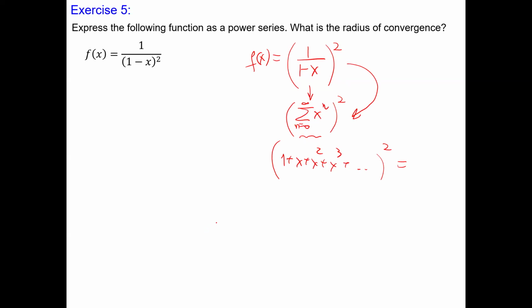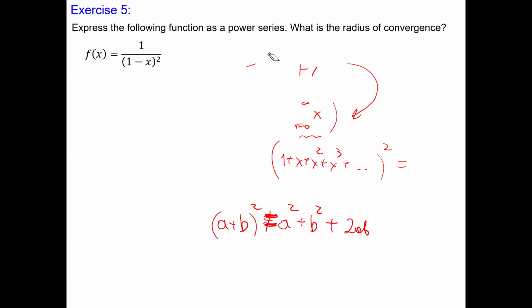Because we know, let's say, a plus b squared is not a squared plus b squared. We also have to add 2ab, then it's equal. That's definitely not a good way. Yes, we will not do it this way.